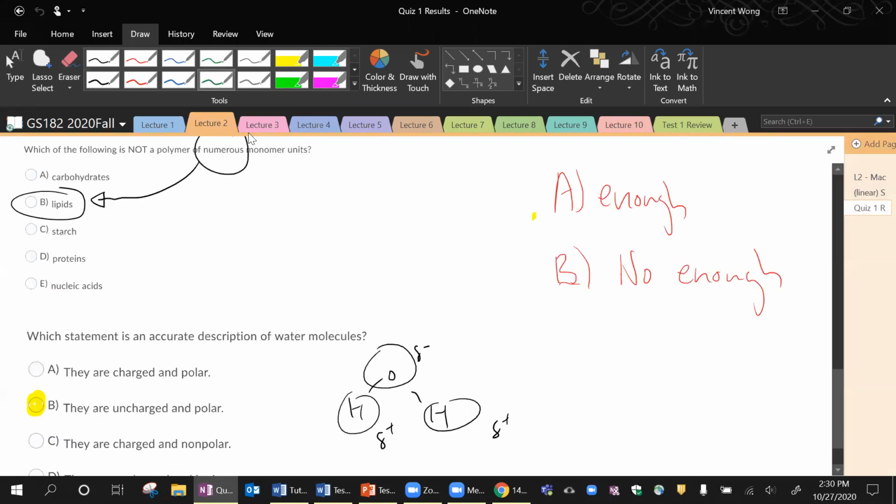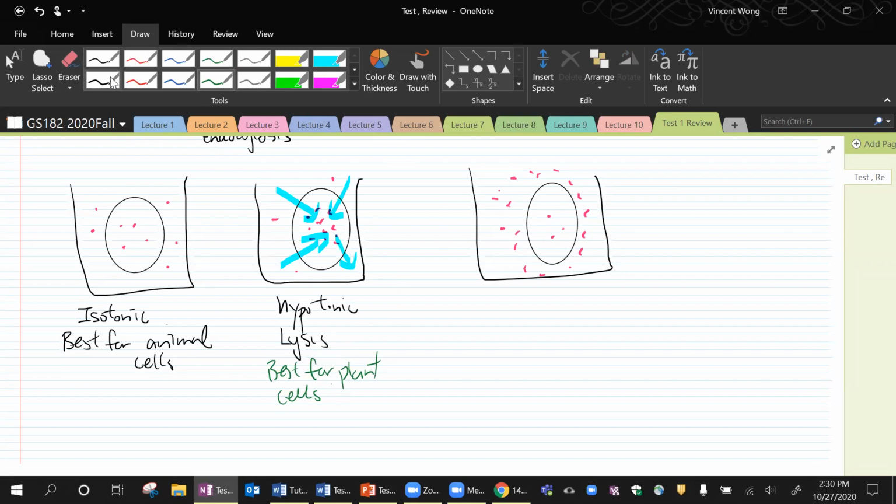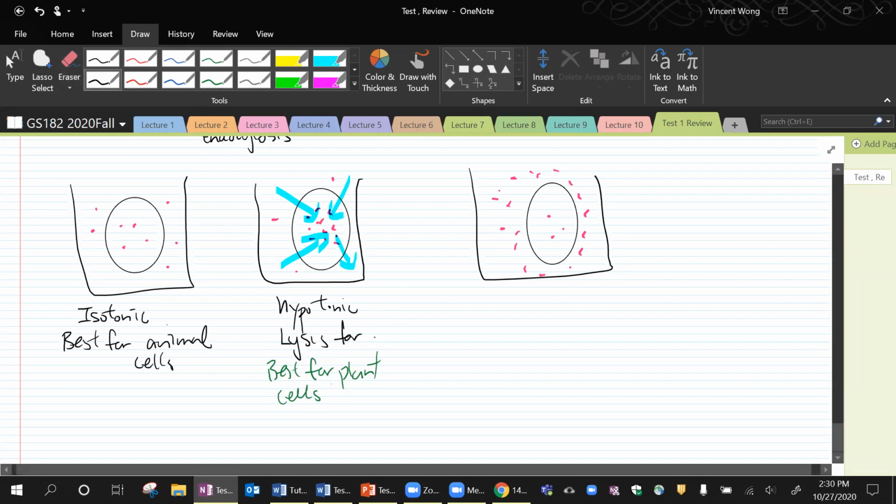Hypotonic is best for plant cells, because they have the cell wall and are not going to lyse. So lysis is for animal cells.